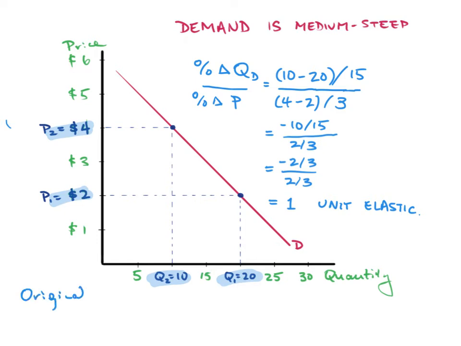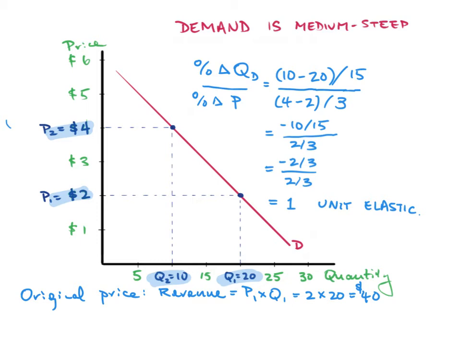So the original price, revenue is P1 times Q1. So that's 2 times 20 is 40. Okay, $40 of revenue.